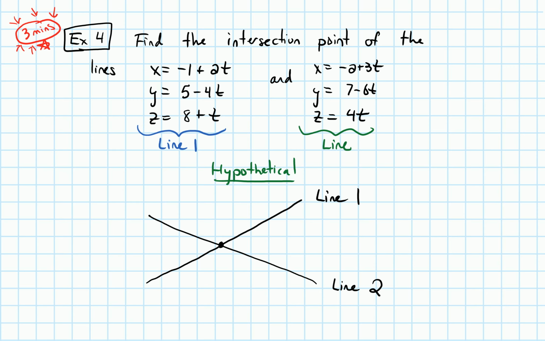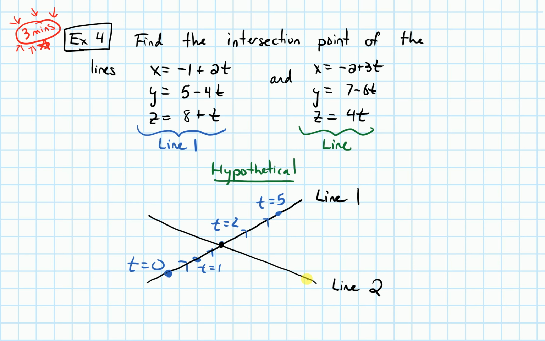So hypothetically, let's just say that with line 1, at t equals 0, we're at a point like this. And then at t equals 1, we are a little bit further. So let's say this is where we are at t equals 1, and we're traveling this way. And by t equals 2, we reach that intersection point. And then we'd keep going, eventually we're maybe here at t equals 5 or something. Okay, so the particle that's moving along line 1 reaches that intersection point at some time.